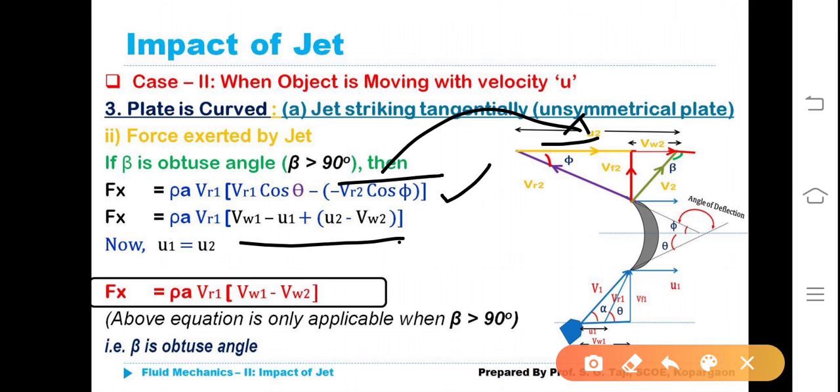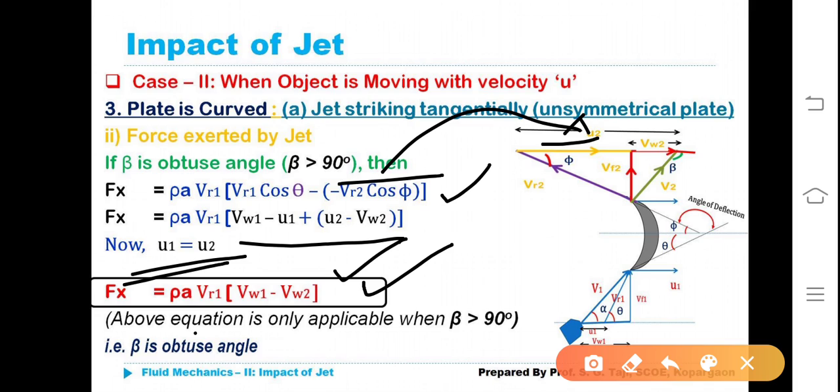Now, since we have assumed that plate is smooth both at inlet and outlet, the peripheral velocity u1 and u2 will become equal. Therefore, u1 and u2 will get cancelled away from this equation. Therefore, the net or ultimate equation for force exerted by the fluid on a moving unsymmetrical curved plate will be equal to rho A Vr1 whole multiplied by Vw1 minus Vw2.